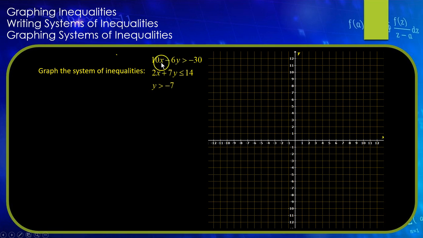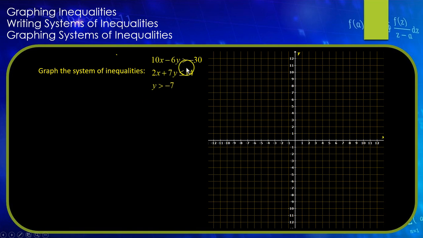But the problem is, if I start using intercepts, this greater than symbol is not necessarily going to be interpreted as me shading above the line I would get. Same thing down here. I could probably find some intercepts, but this less than or equal to may not define where I should be shading in relationship to whatever line I draw. So this one's just a horizontal line. It's already in slope-intercept form, so this one's not too hard to deal with.